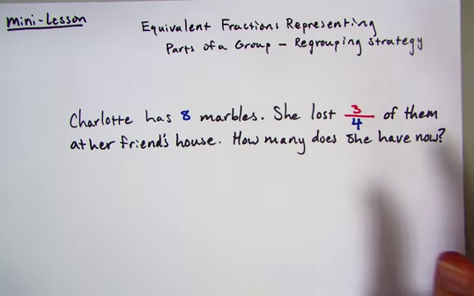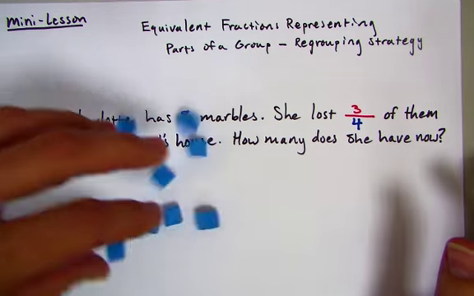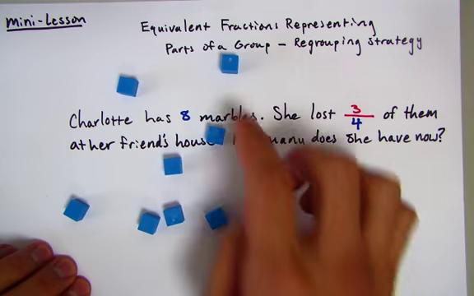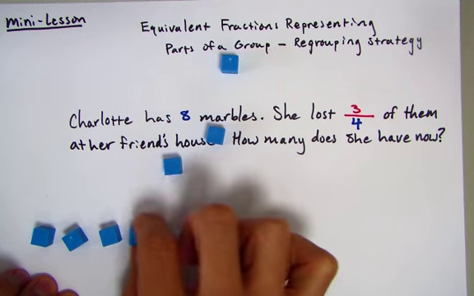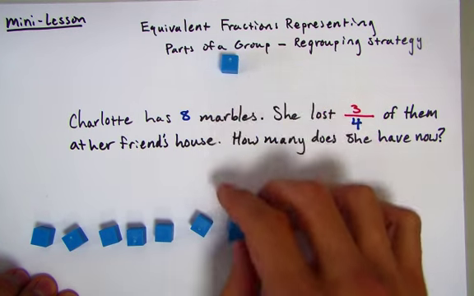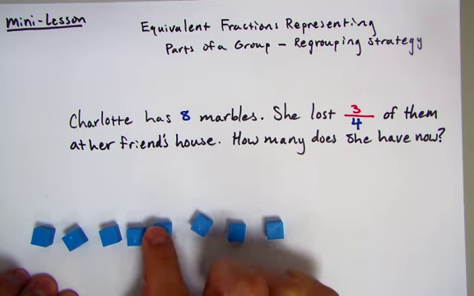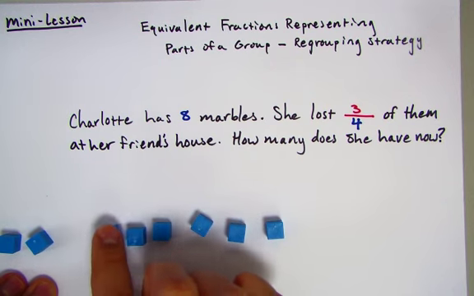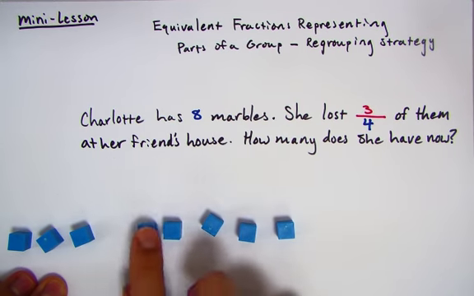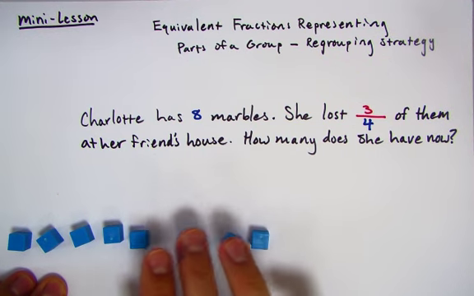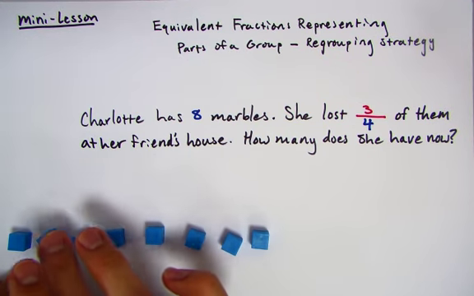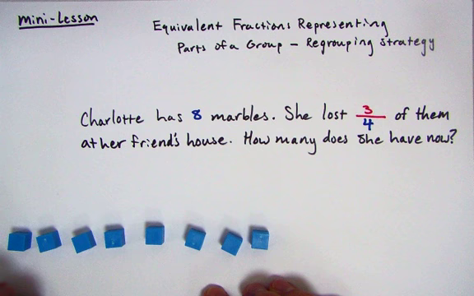Okay, so let's go ahead and take 8 marbles. And we are going to try to figure this out. What is 3/4 of 8 marbles? Now let me put it to the side here so we have enough room. All right.